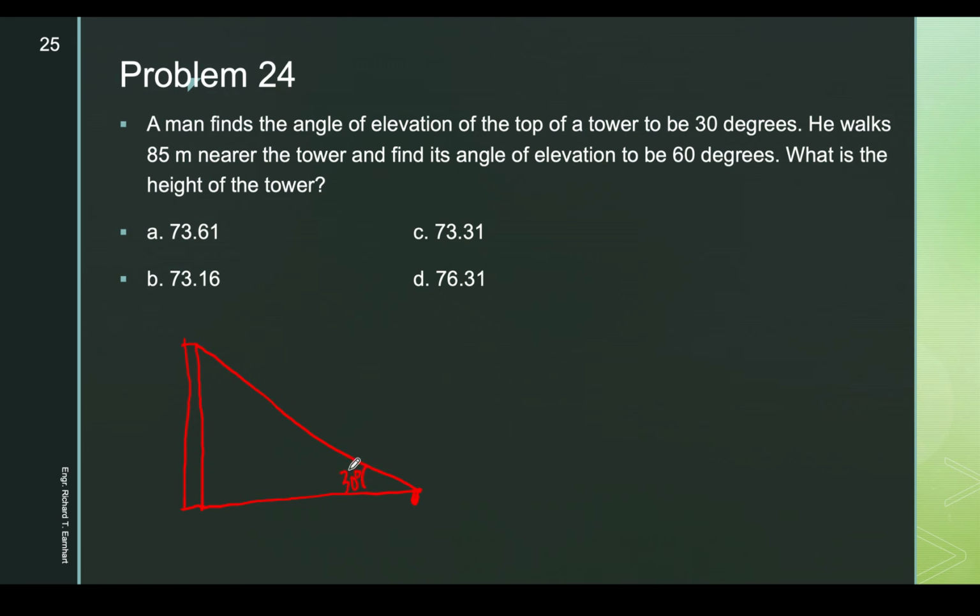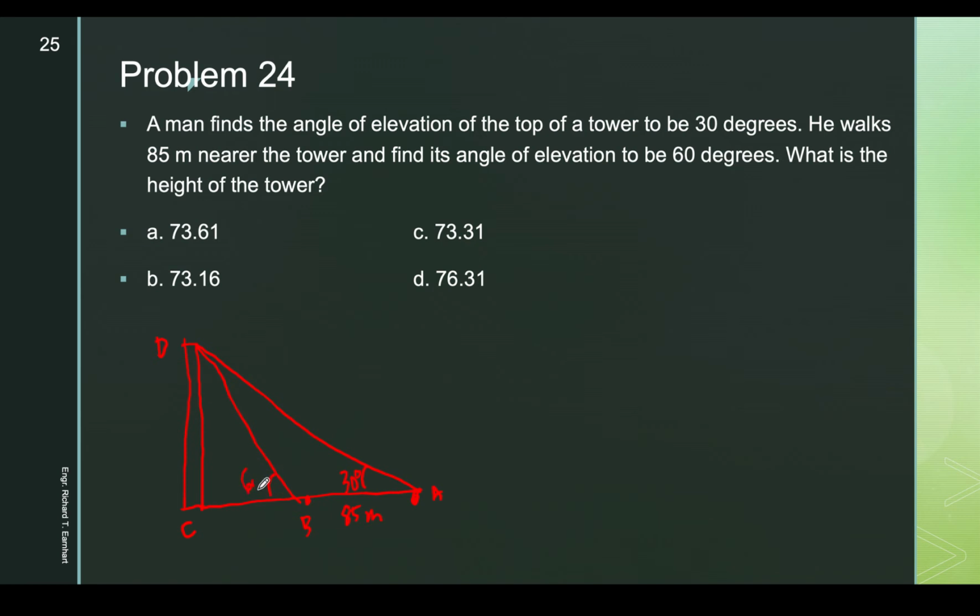Now if he moves 85 nearer, so this must be 85 meters. So let's say this is A, this is point B, C, letter D. Then the angle of elevation becomes, this one is 60 degrees.